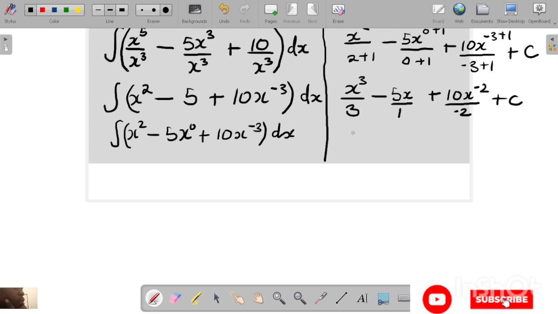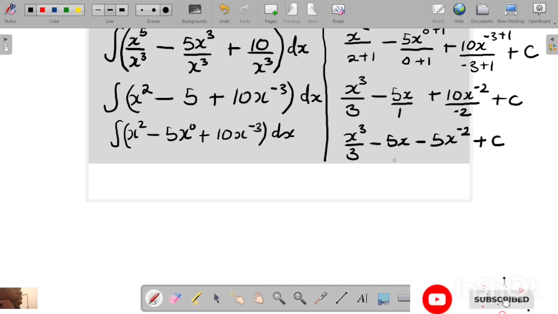Then you are going to have x to the third power over 3 minus 5x. Then here, positive 10 divided by negative 2 will be negative 5, then x to the negative 2 plus c.